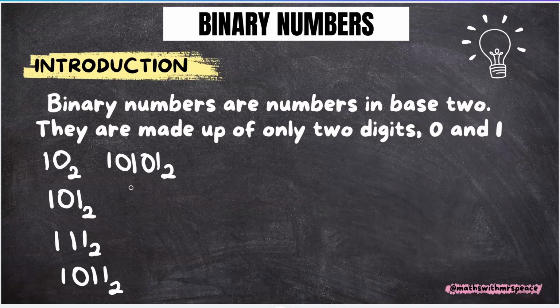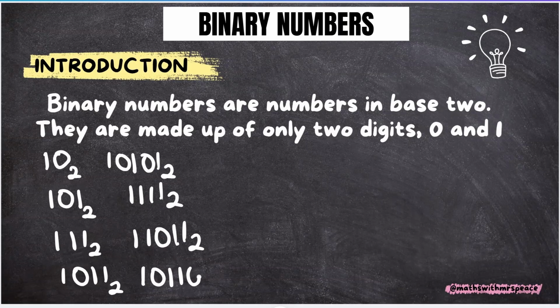We can have 1, 1, 1, 1 in base 2. You can have 1, 1, 0, 1, 1 in base 2. You can have 1, 0, 1, 1, 0, 1 in base 2, and so on and so forth.